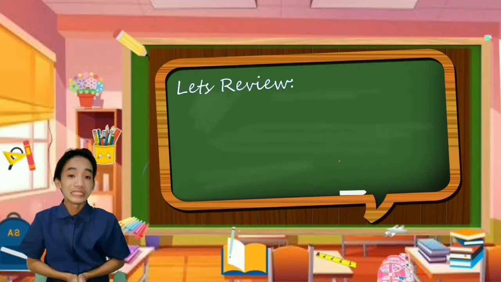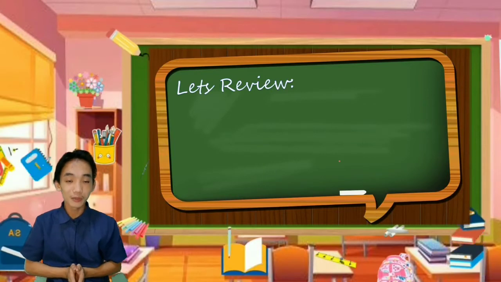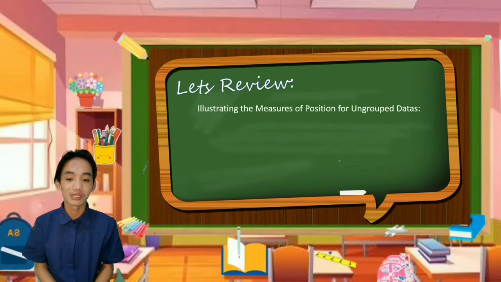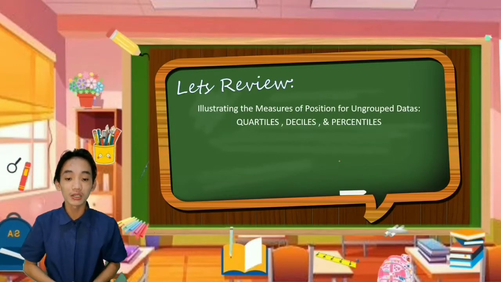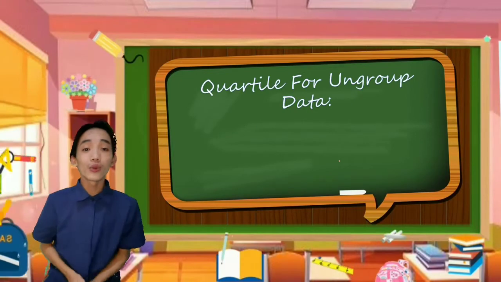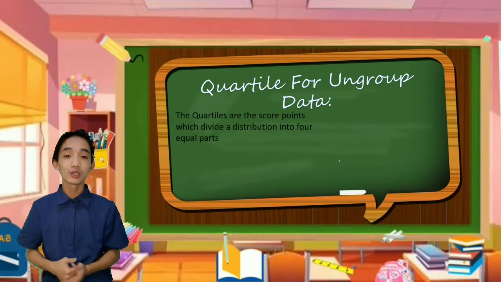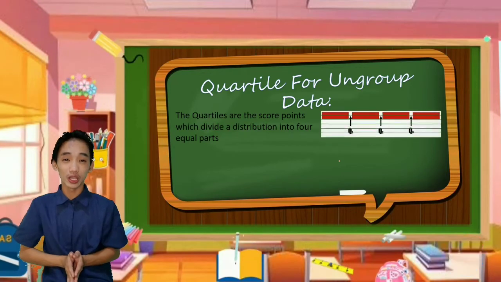But before we proceed to our actual lesson, let's first review the previous lessons that we discussed: illustrating measures of position for the ungrouped data, particularly the quartiles, deciles, and percentiles. The quartiles for ungrouped data are score points which divide a distribution into 4 equal parts.